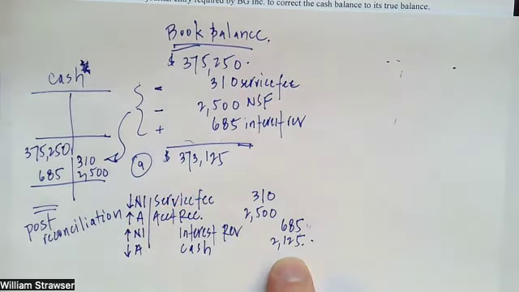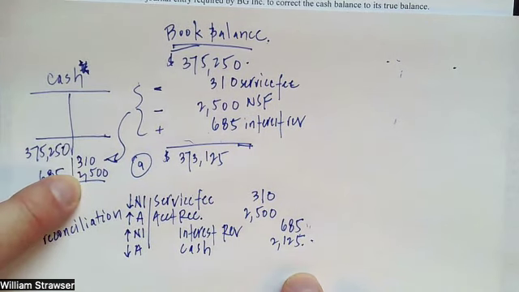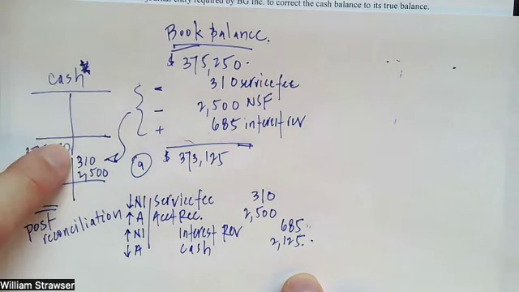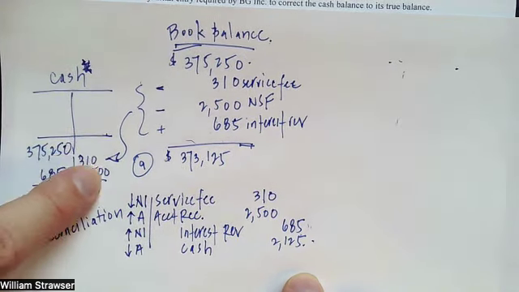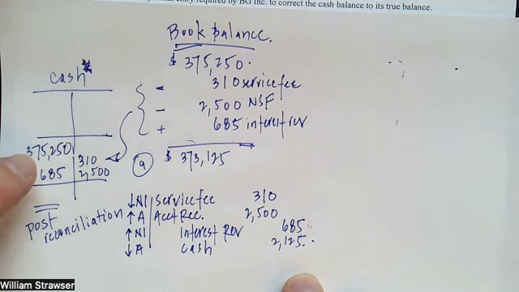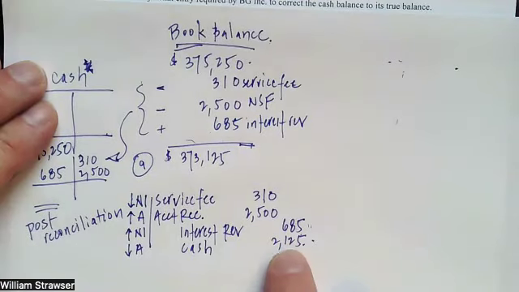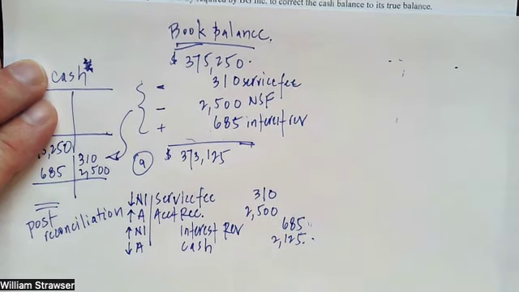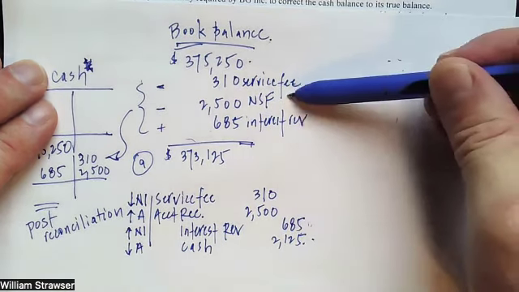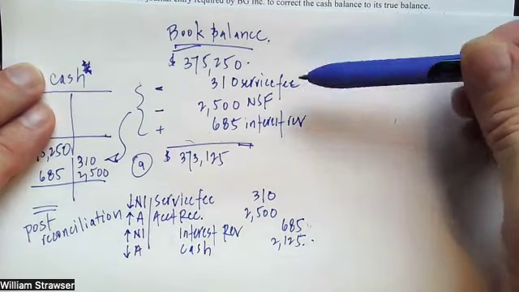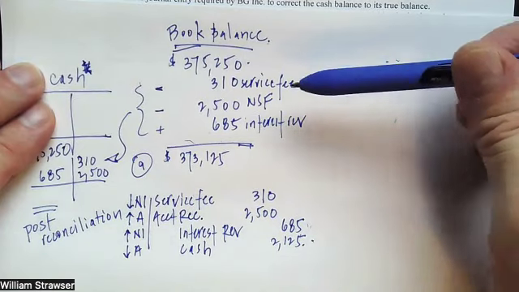Of course, you could have just as easily understood that, okay, I lost $2,500 of cash, lost $310 of cash. That would be a credit to cash of 2,810. But then I got 685, which would reduce the reduction to cash to 2,125. Or third option, make each of these separate journal entries. Debit service fee, credit cash for 310.